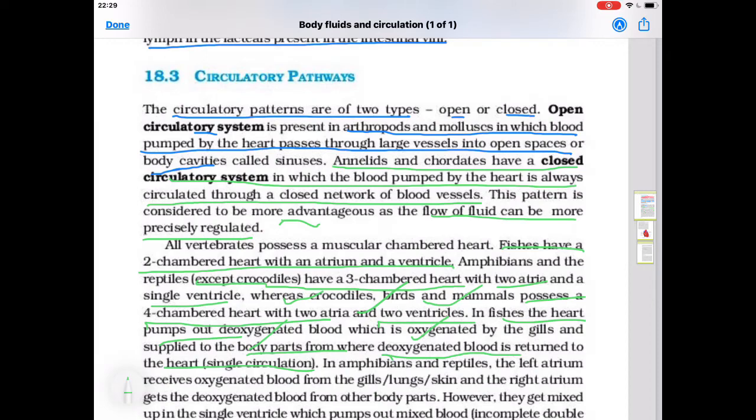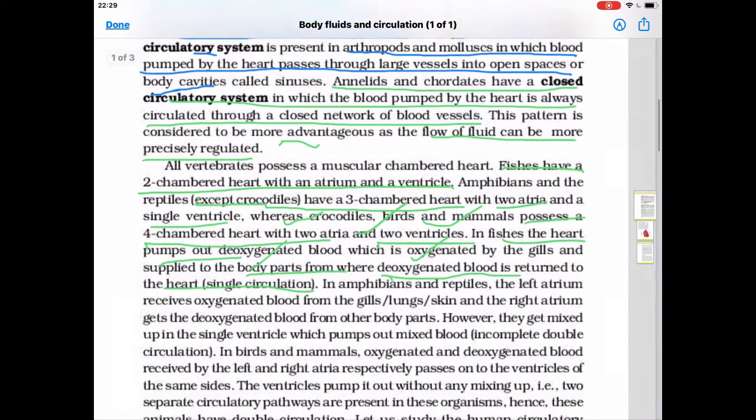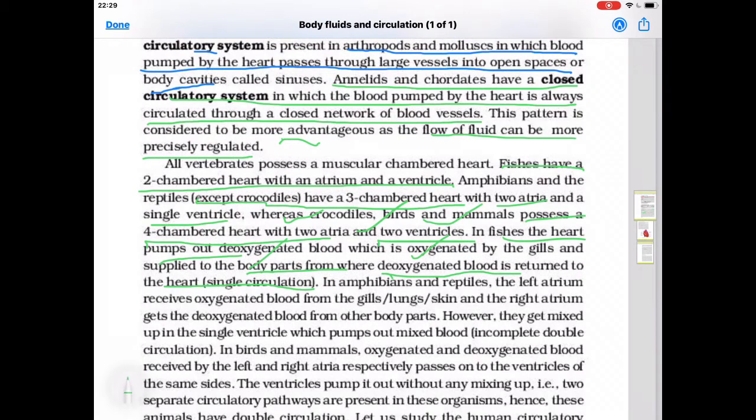In case of amphibians and reptiles, the left atrium receives oxygenated blood from the gills, lungs or skin, and the right atrium gets the deoxygenated blood from other parts of the body. However, they get mixed up in a single ventricle which pumps out mixed blood.